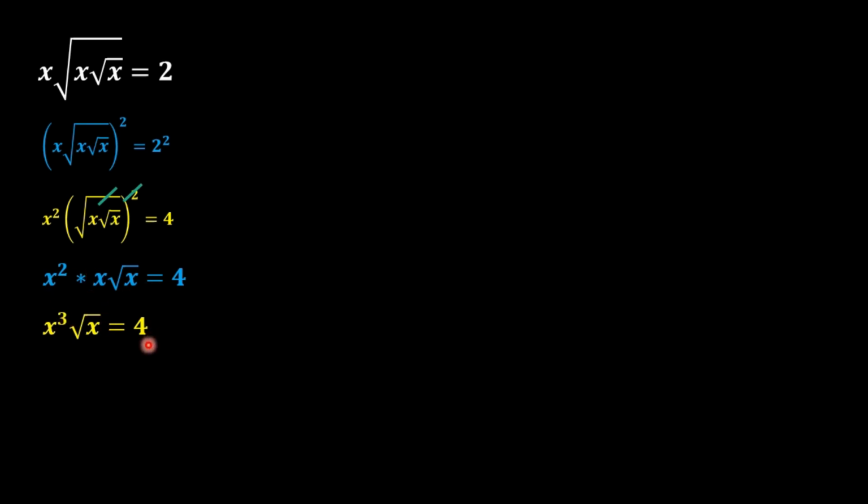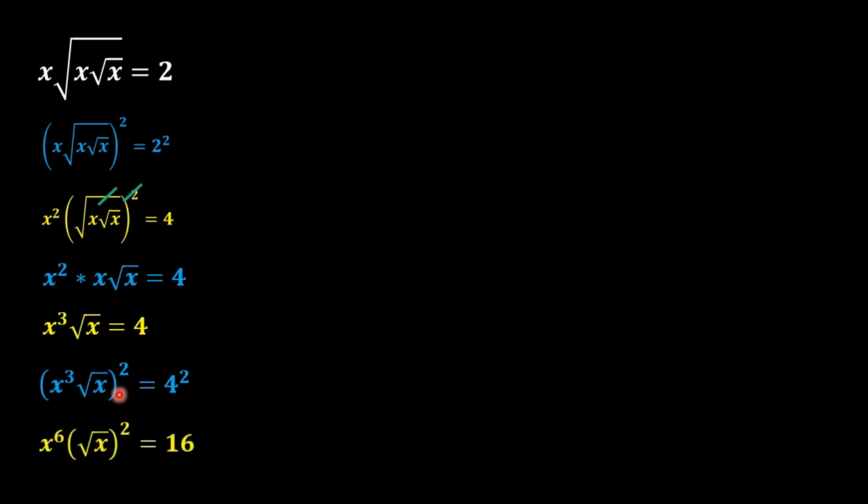Now in order to remove this root, we should apply squaring again on both sides of the equation. As a result, we should get (x cube under root x) overall square is equal to 4 square. Now this square will apply on both of these values, on x cube and under root x.